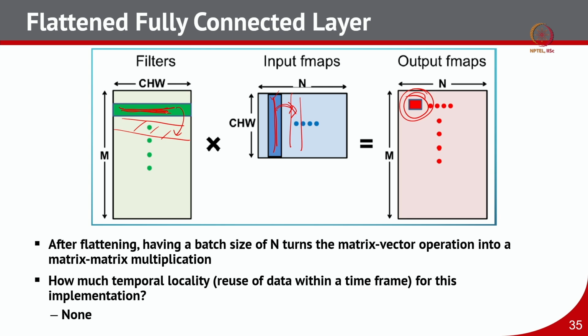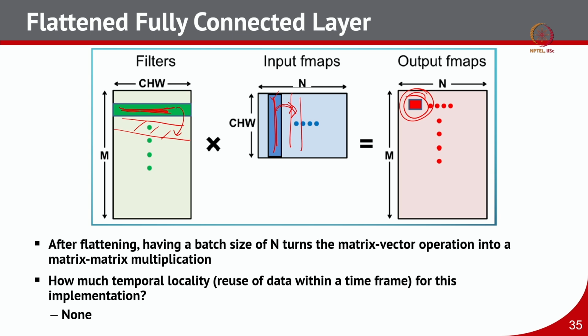Now if some of these values are the same, then some of the element wise multiplications are actually getting repeated. You can imagine that in the convolutional operation itself, some of the element wise multiplications will get repeated because the same filter is getting projected on the entire image.